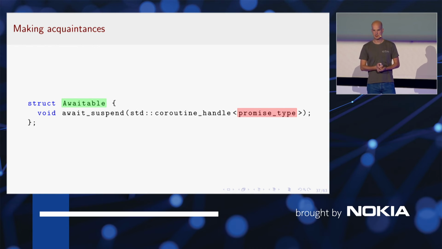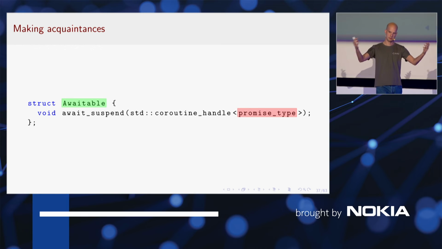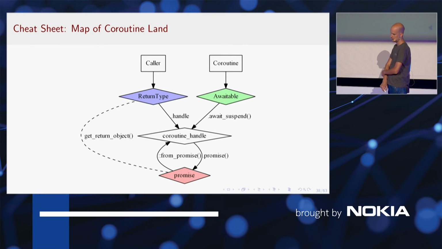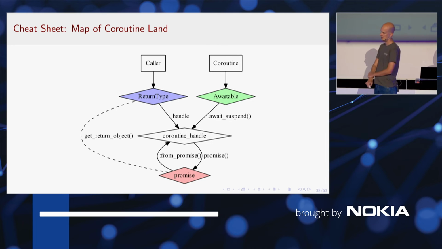And this is passed as an argument the coroutine handle to the surrounding coroutine that is just going to be suspended. And you again see from the colors that we have two things in the same place here. So from the awaitSuspend function in the awaitable, we can actually access the promise. And now everything in our graph is connected.